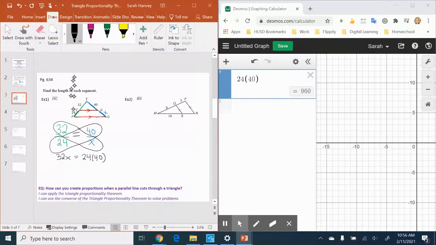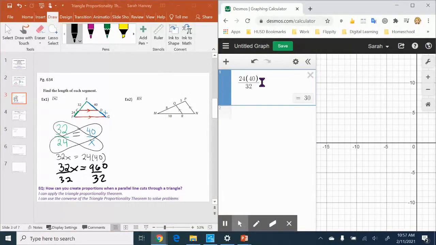So I'm going to go ahead and do that over here. We're going to say 32x equals 960. And then we're going to divide by 32, divide by 32. And guess what? We can do that as well. I'm going to keep that and divide by 32. And we get x equals 30.